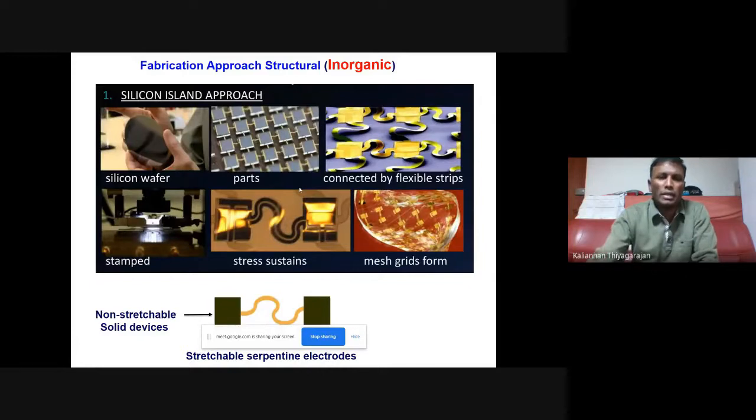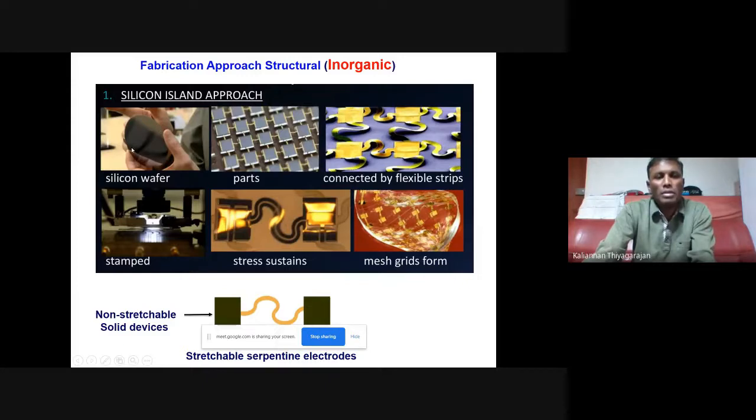They initially developed this approach because electronics are already made with silicon, so they started with that. Professor Rogers from the University of Illinois is a real pioneer of this kind of research.